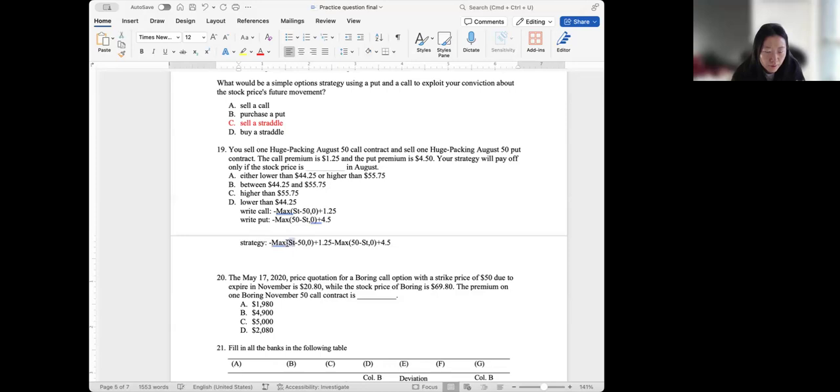And if the stock price is above 50, then we need to pay this amount.